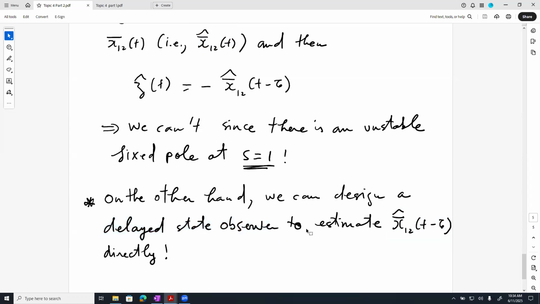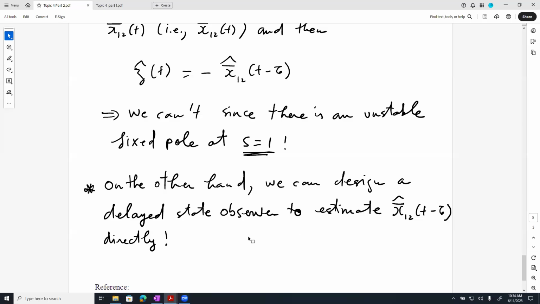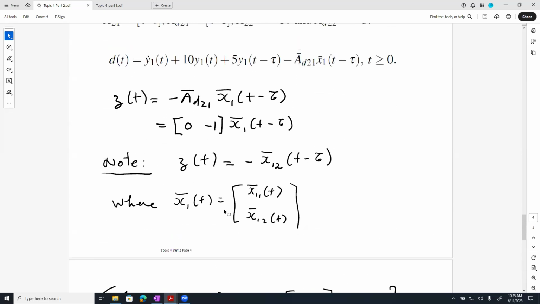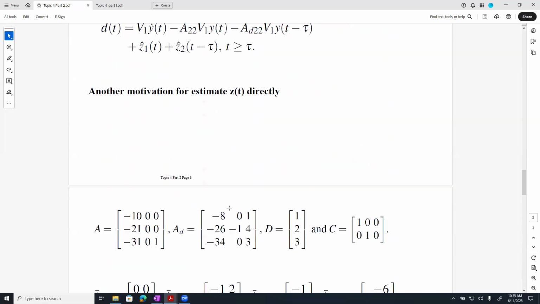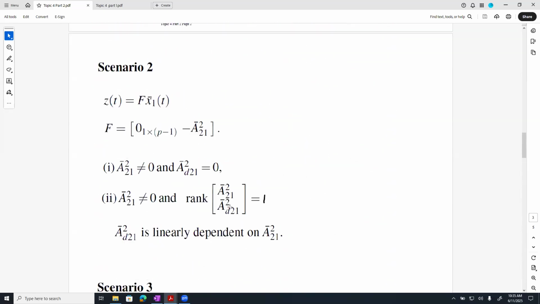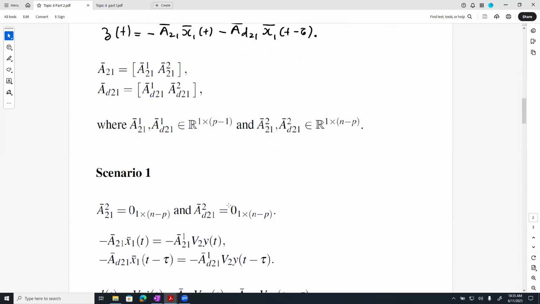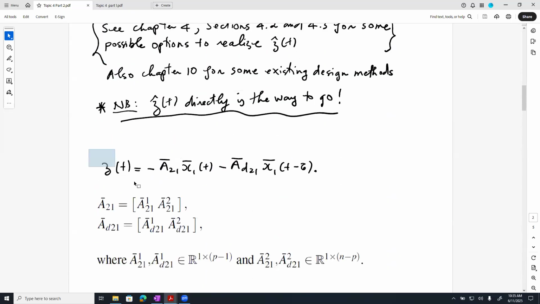That means when we actually want to realize a combination of that, the functional observer should be estimated directly. Okay.